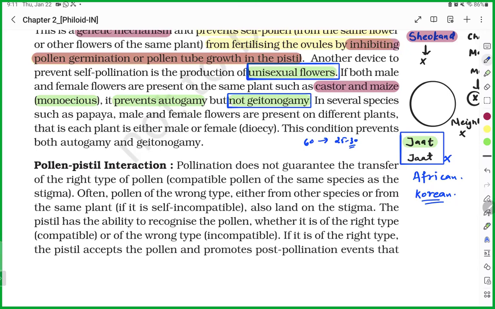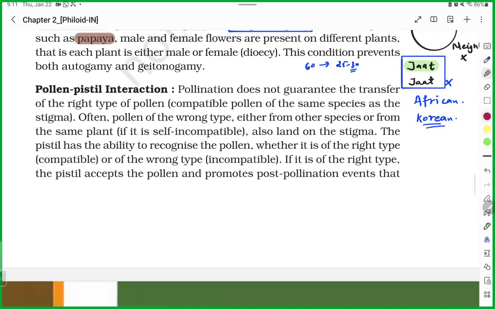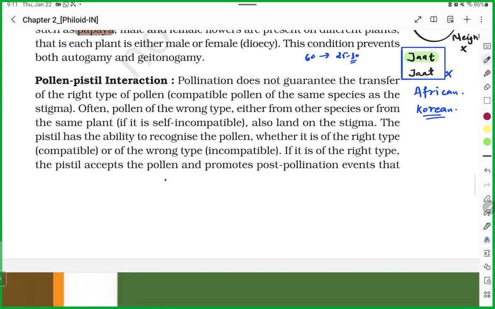Okay. And in case of papaya, what exactly is the difference between unisexual flower and plant? I mean, the whole plant just has a male flower or a female flower in papaya, no? In maize, you have the same plant. Here it is the male flower, and here you have the female flower within the same plant.